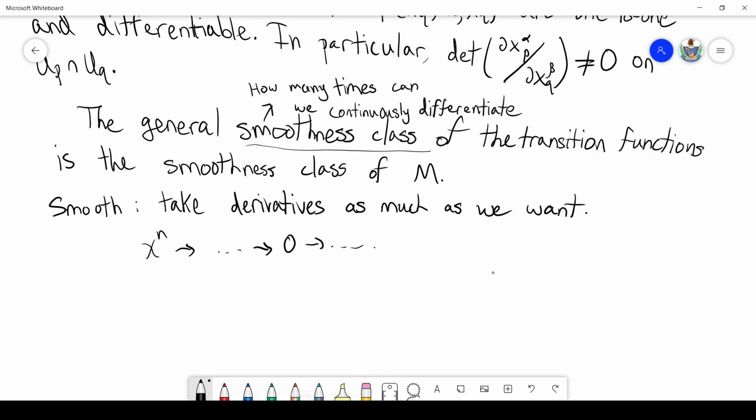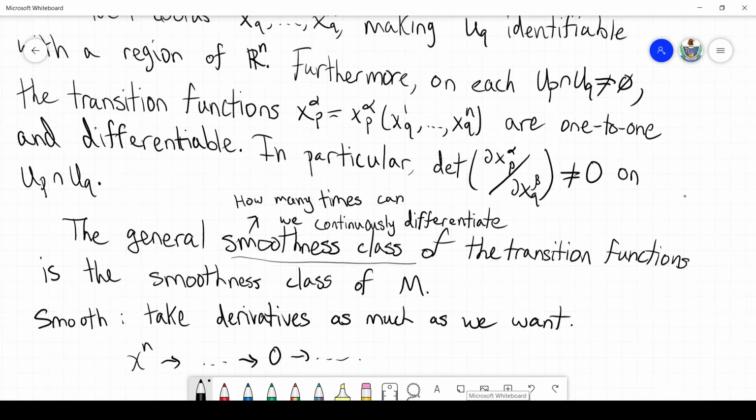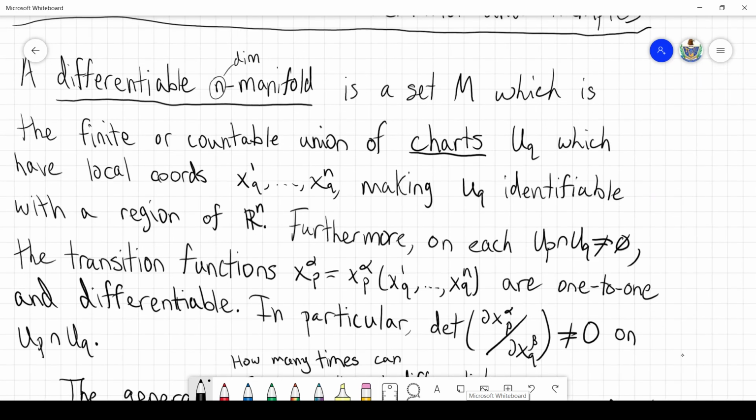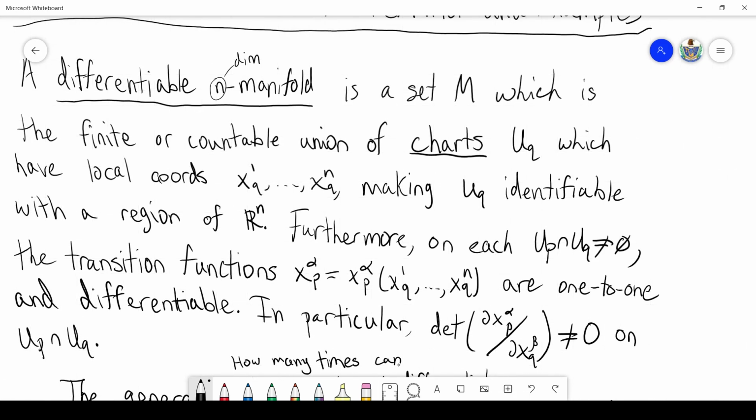All right, so that's a manifold, and notice that we haven't mentioned topology here, right? We've used continuity and differentiability, but that is coming from real analysis.